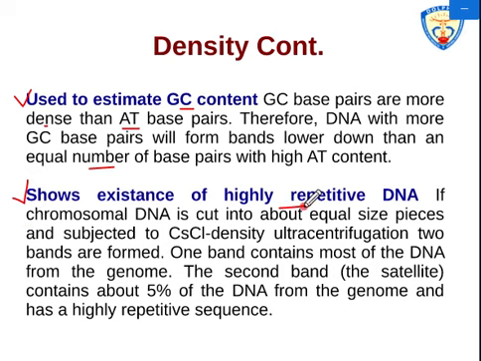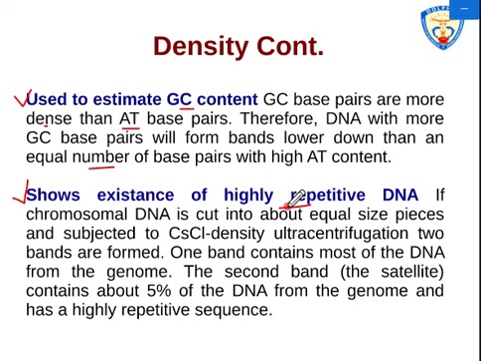A genome can broadly be divided into 3 parts. We have the unique DNA sequences or single copy sequences, which are mostly the coding sequences of DNA. Then we have the moderately repetitive or intermediate repetitive DNA sequences, which are moderately repeated in the genome. And there are highly repetitive DNA sequences, which are very small sequences repeated millions of times in the genome.